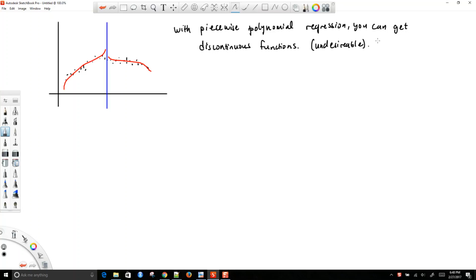Okay, and so we can start to throw in some constraints here. We can say, well, they have to join. So the cubics must be continuous.